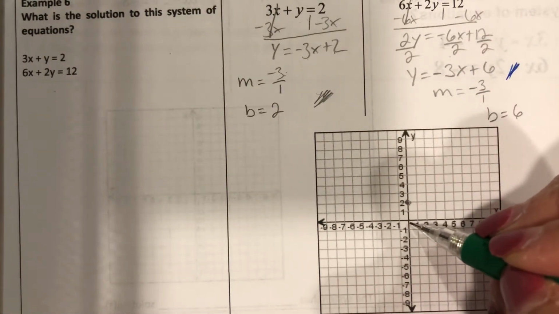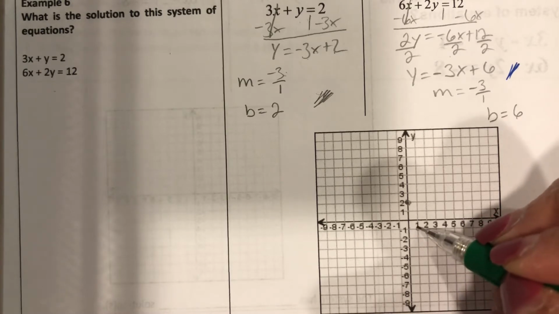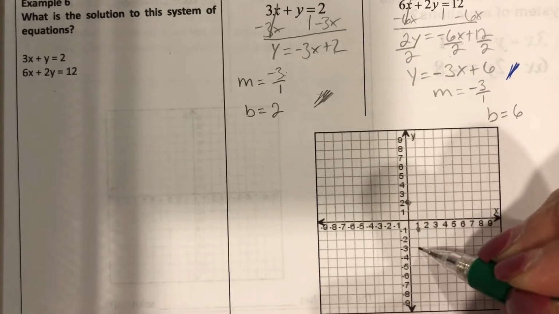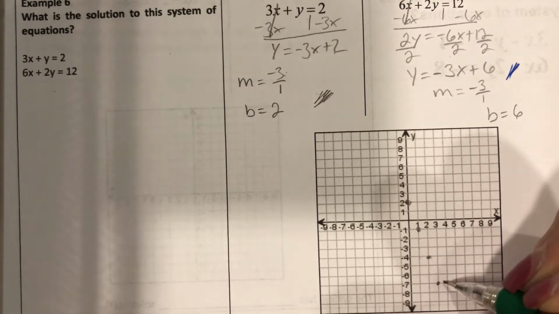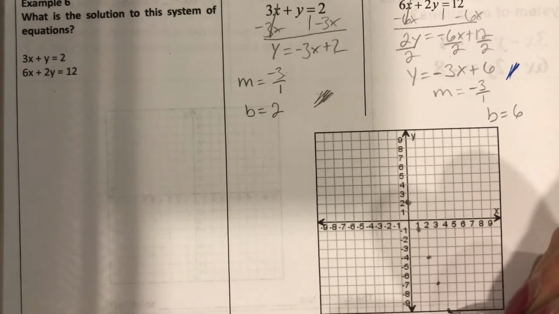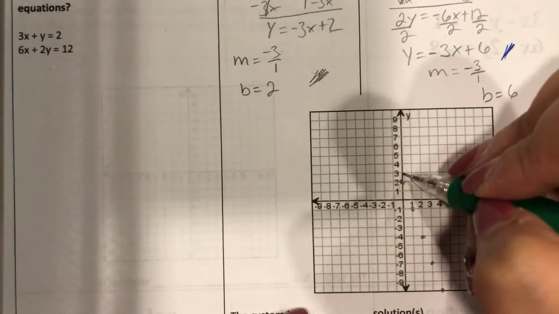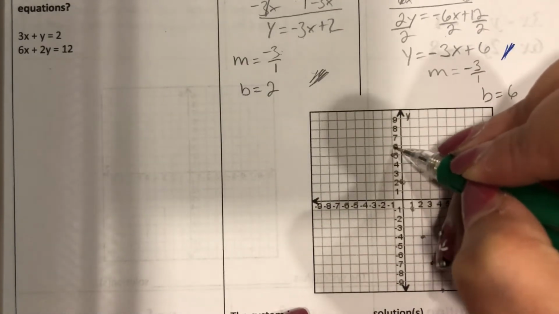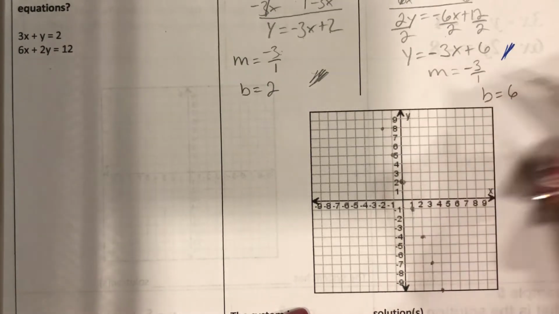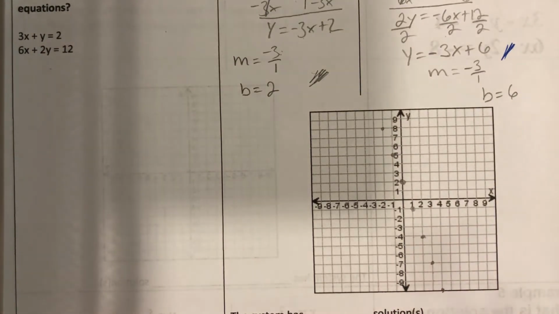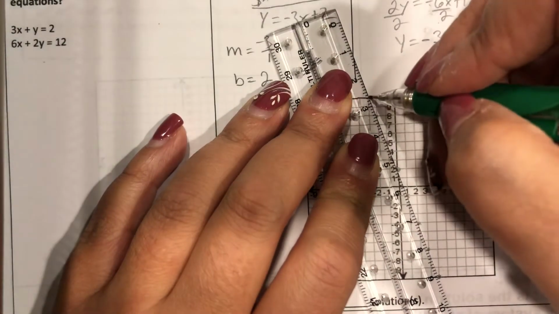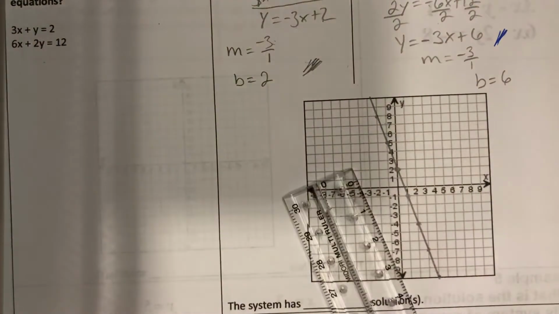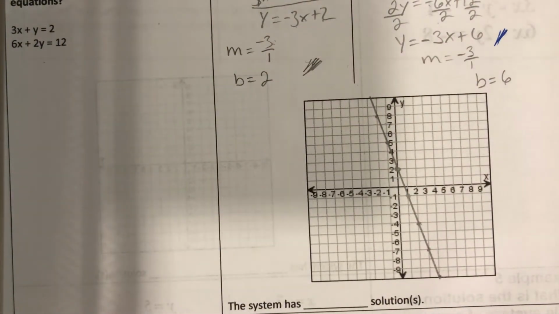So 1, 2, 3, 1 to the right, since it's positive. 1, 2, 3, 1 to the right, and repeat. Or I can go 1, 2, 3, 1 to the left, 1, 2, 3, 1 to the left, right? And then connect my dots. Again, if you don't have a ruler, get one, or use, you know, anything, an ID, a credit card, something.